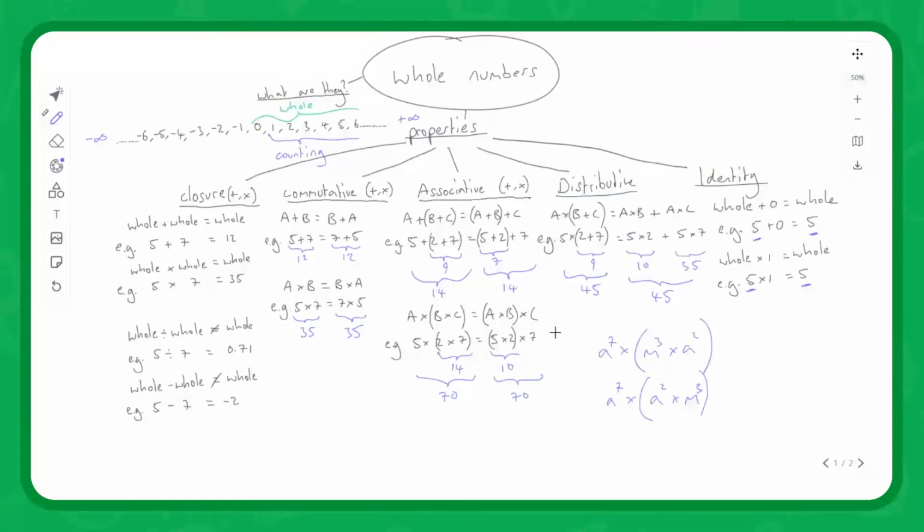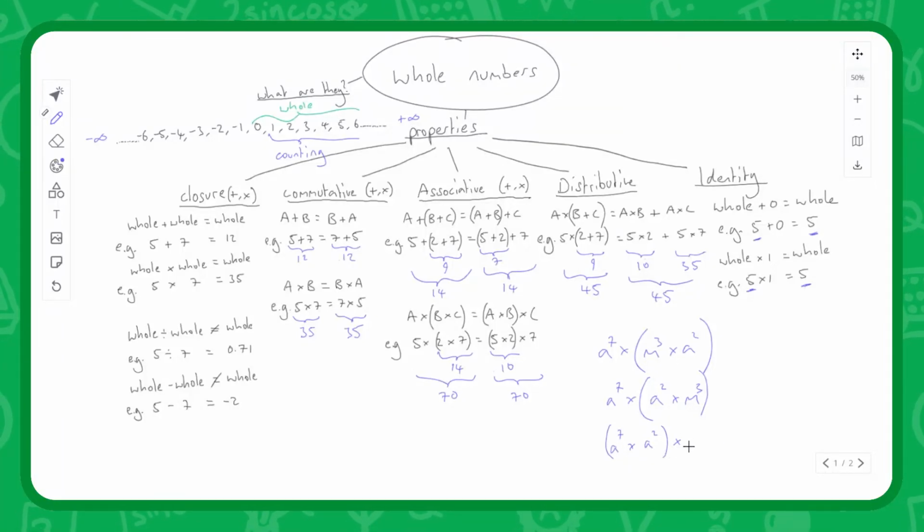And also I know from my associative rule that (a times b) times c is the exact same as a times (b times c). So I could think of this as a times b times c, which we've got here. Or I can rearrange this a little bit and put my brackets around the first two terms. So I can think of this as (a to the 7 times a squared) times m cubed.